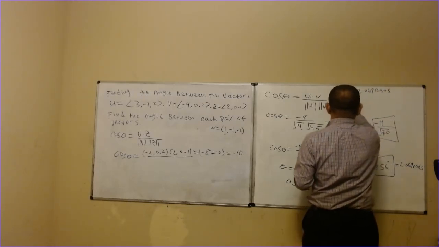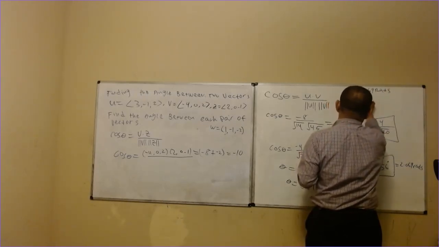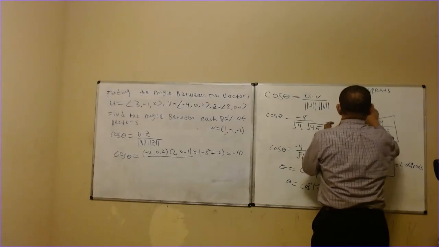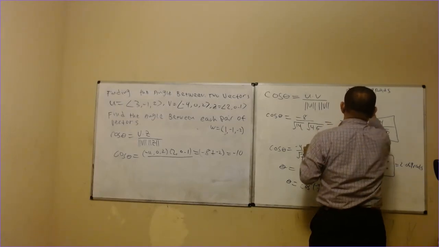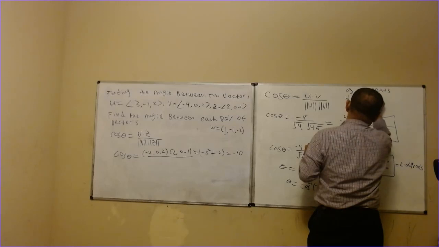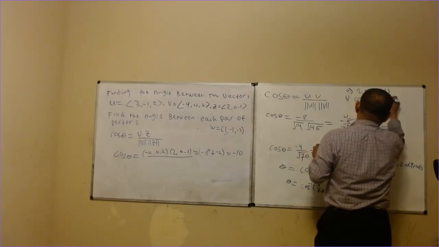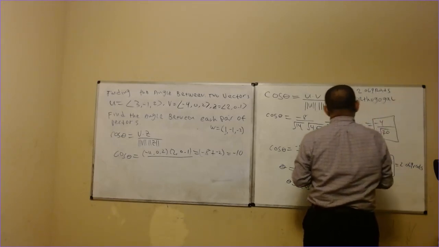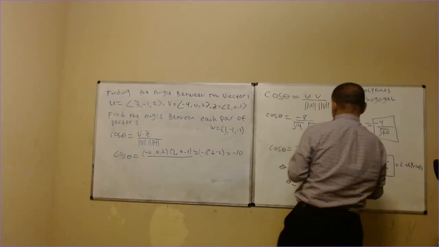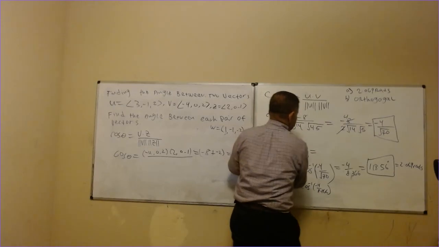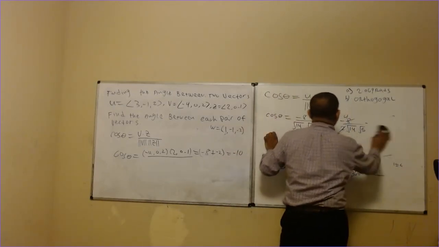And V, we said that was orthogonal. All right, and we try to find Z now. So let me just erase this so I have more room here.